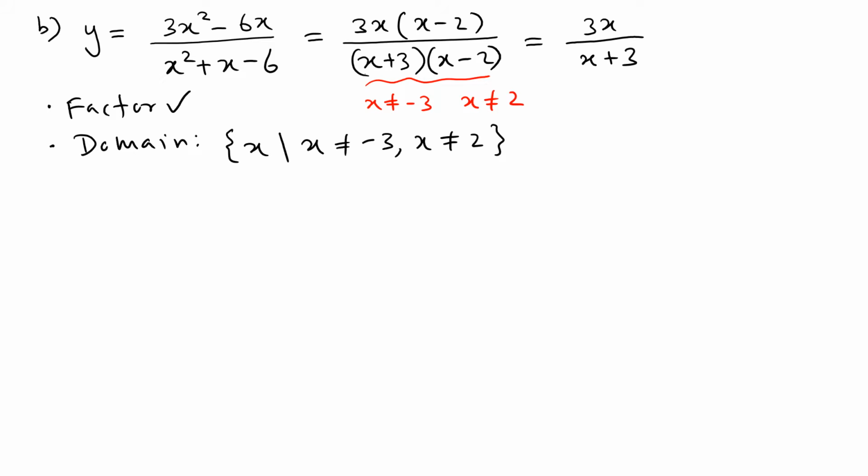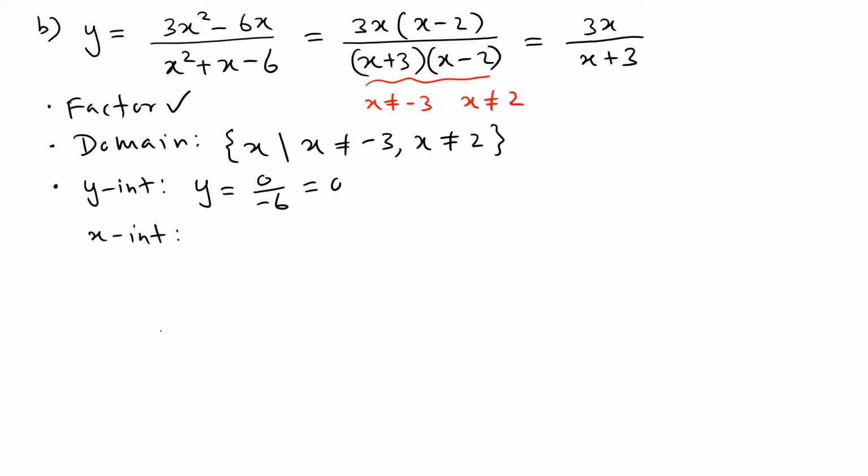And then we're going to go with the intercepts. The y-intercept means you plug in x equals 0. If you plug in x equals 0, you get 0 over -6, which is 0. And then also we're going to go with the x-intercepts. To find the x-intercept, you have to look at the simplified version.